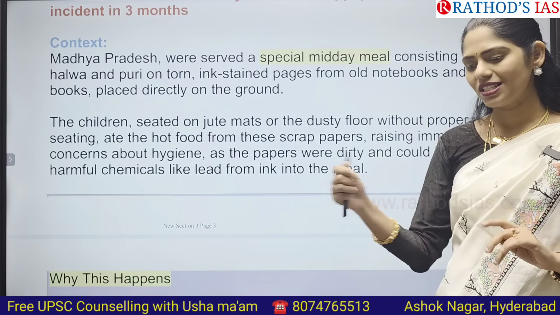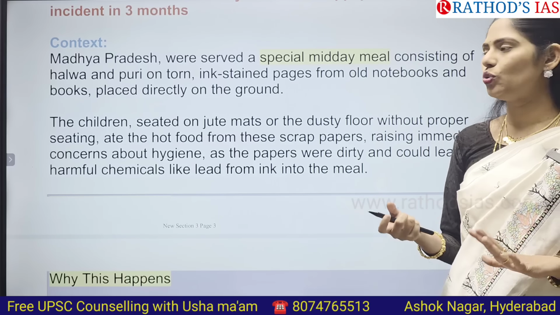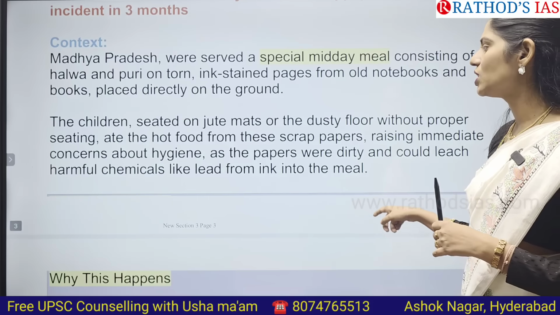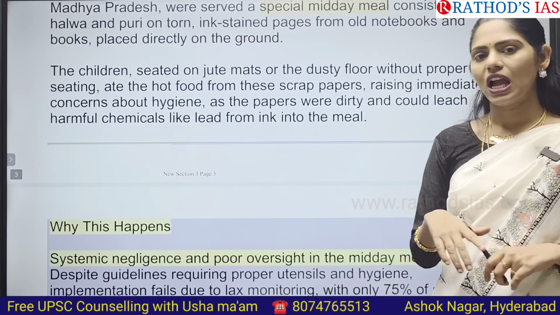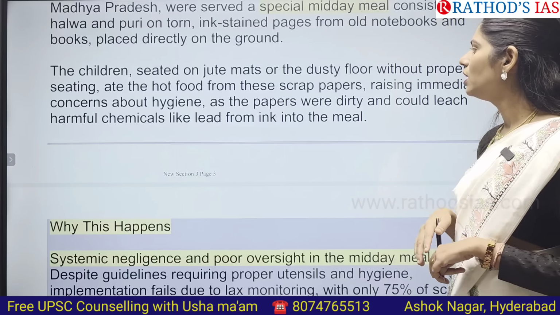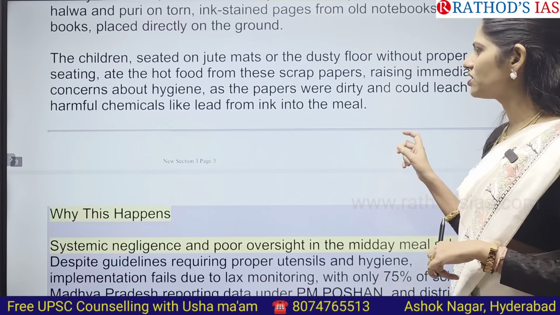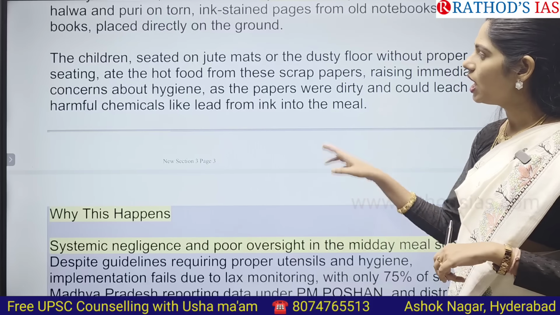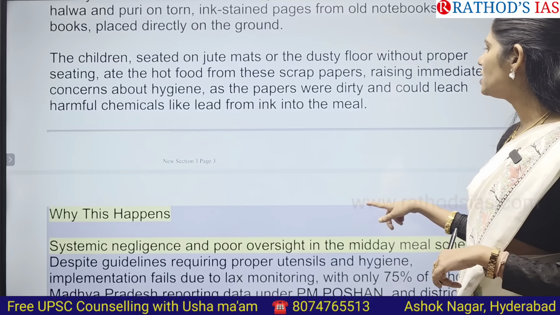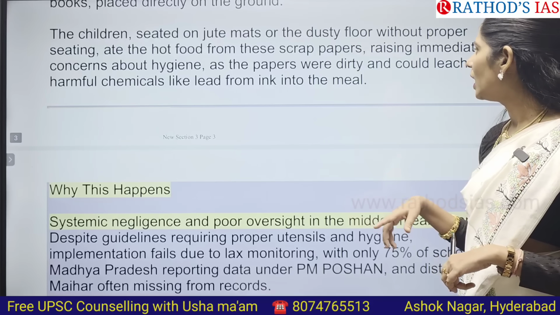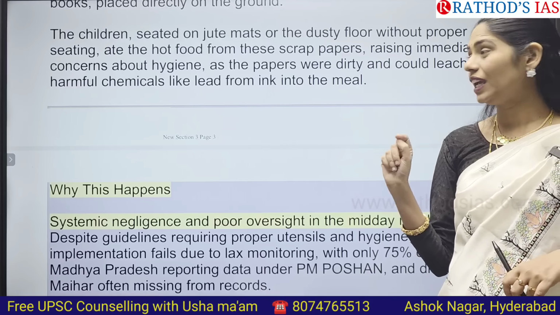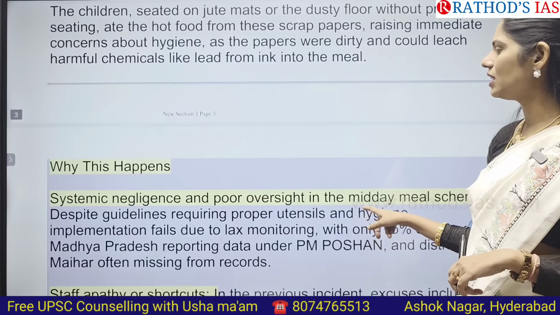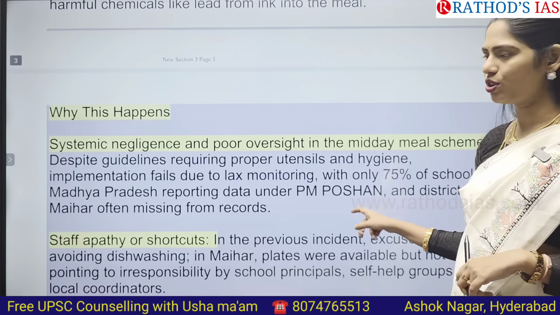And the problem here is that the ground is not even cleaned well, and the children were seated on jute mats on a dusty floor without proper seating, and they ate the hot food from these scrap papers, which raises immediate concerns about hygiene, as the papers are dirty and they could leach harmful chemicals like lead from the ink into the meal. That is one cause of concern.